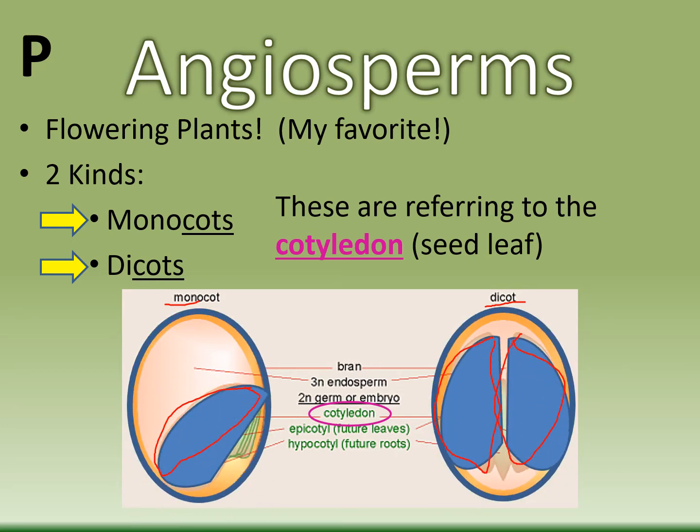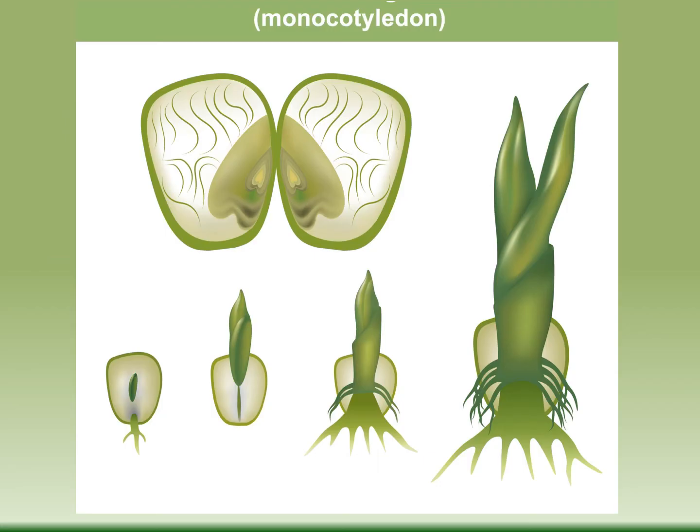Here I have this little overshadowing showing you the differences. The blue is the one, and then you have the double blue on the other side. All right, so let's take a look at what this means. This is a monocot. It looks like a corn seed. When you split it in half, it's got one cotyledon, one seed leaf, and you can see that when it sprouts, that seed leaf comes up straight from the middle, and there is just that one.